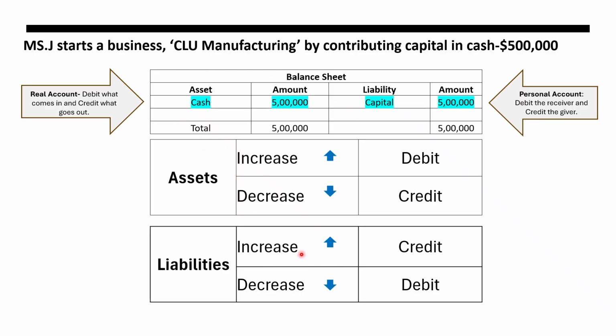So when you record this transaction in the book, you will debit cash account and credit the capital account. And this recording of this debit and credit entry is called a journal entry, which we will be looking into in detail now.